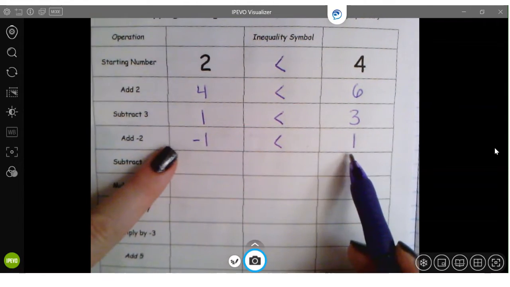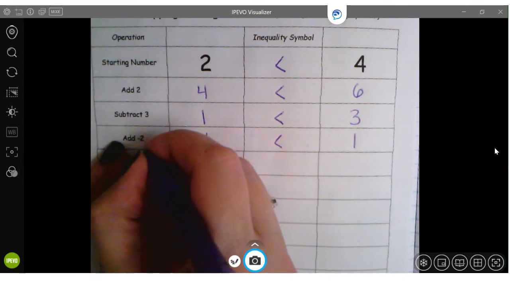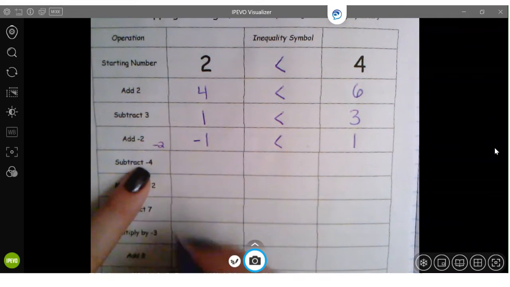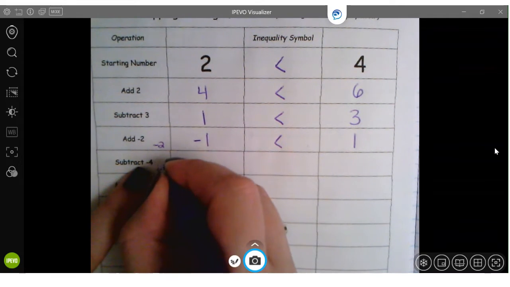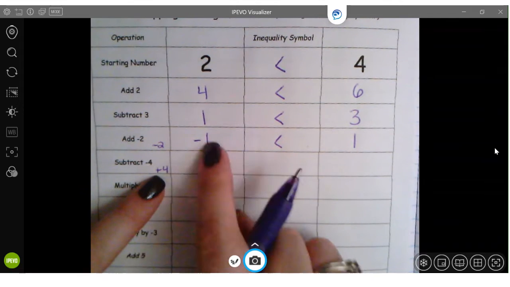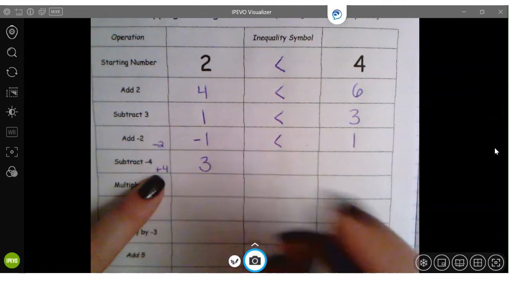All right, I'm going to take this number and subtract negative 4. Adding negative 2 was just like subtracting 2. Subtracting negative 4 is really kind of like adding 4, right? Subtracting a negative is the same as adding. This just helps me out a little bit. So if I have negative 1 and I add 4 to it, or subtract negative 4, that would be a positive 3.